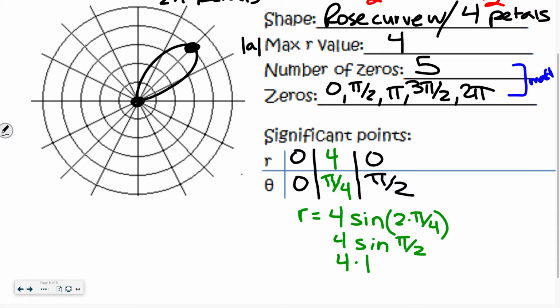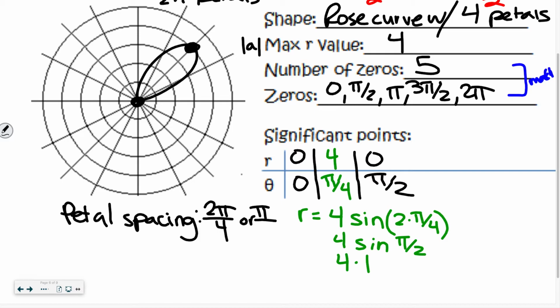Now, I really don't want to do that for 3 more petals, so I just go ahead and use my petal spacing. Take 2 pi, divide by how many petals you have, so your spacing you could think of as 2 pi fourths, or you could think about it as pi halves. Either one is fine. If you're having trouble, go to the angle that you know, pi fourths, and add your spacing.